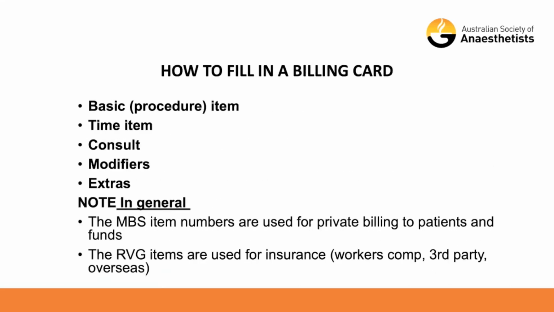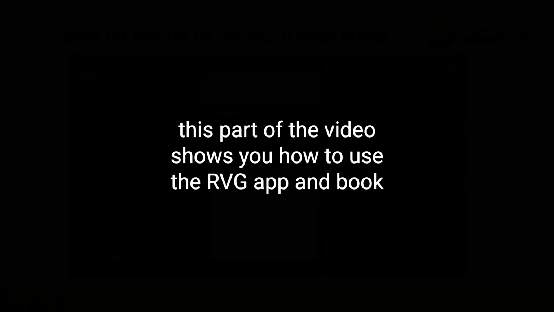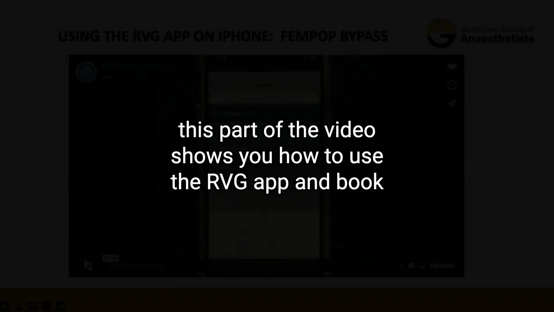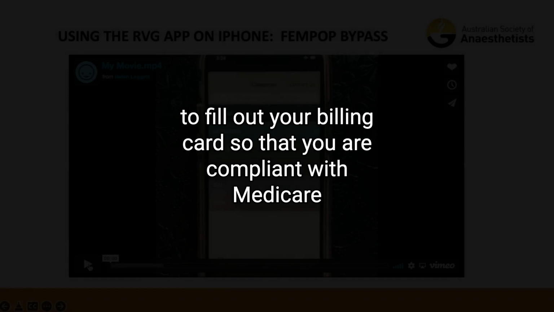So how do you fill in a billing card? There's a formula that Medicare wants you to follow. They want an order: your basic or procedure item first, then the time item, the consult item, any modifiers, and any extra therapeutic or diagnostic services. You'll notice on the front screen that there are a number of tabs, and then down the bottom, which I'm not sure if you can see or not, there are a number of icons.